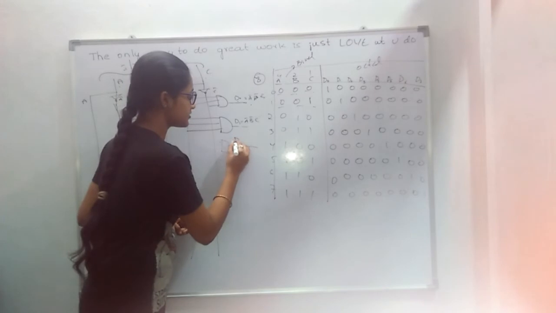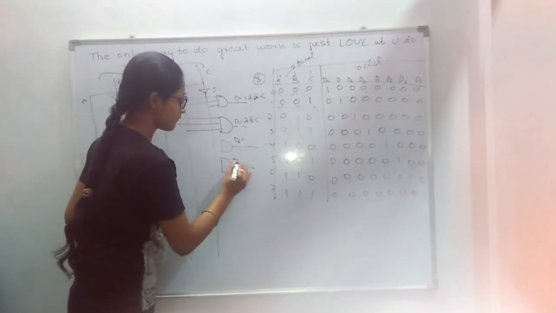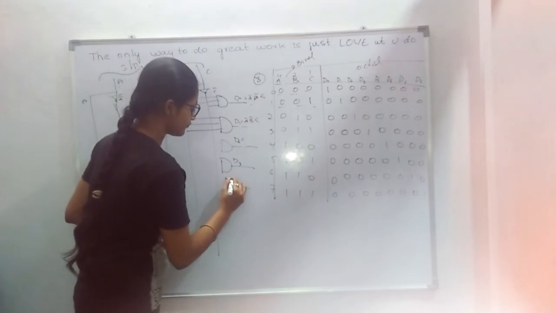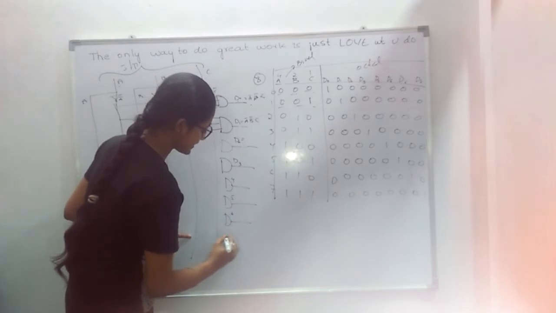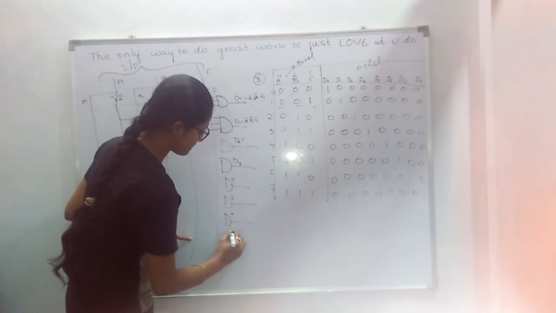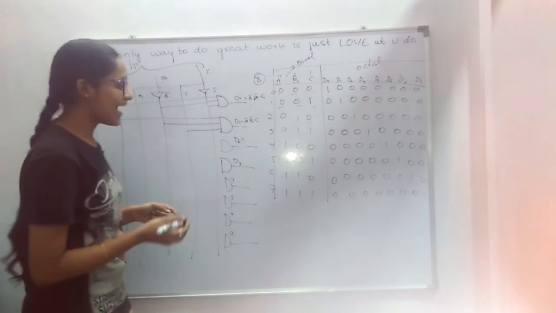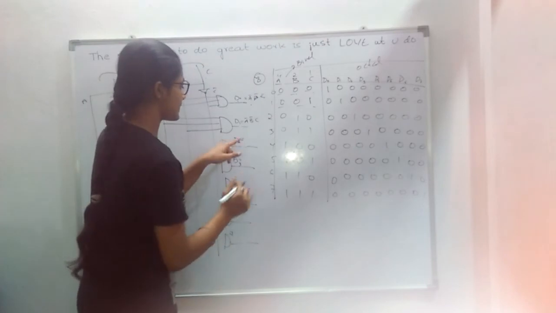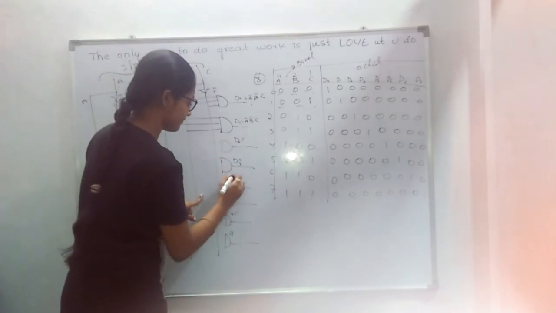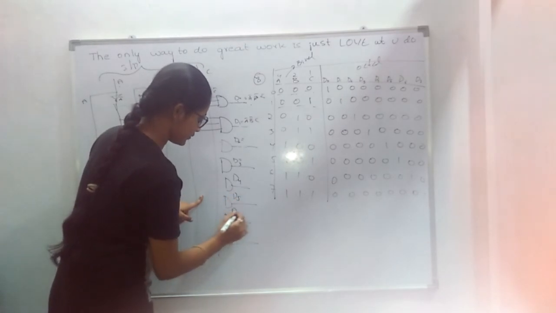Let me write the equations and then you can join the connections. D3, D4, D5, D6, D7. This is not a D I am taking, this is an AND gate, I hope you know. So let me write it, why have confusion.